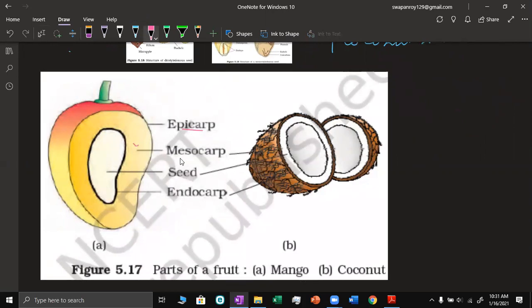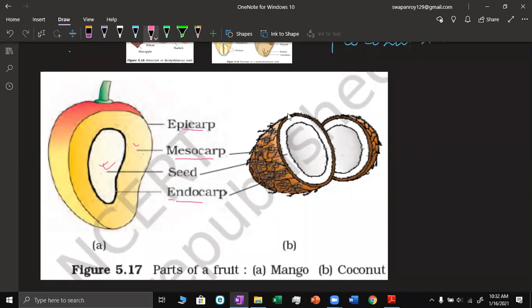Mesocarp is this fleshy portion that we eat, and here is the endocarp, that black line. This is part of the ovary wall. So this endocarp is hard and the seed is inside. In mango, the seed is not edible. It is the mesocarp that is edible.